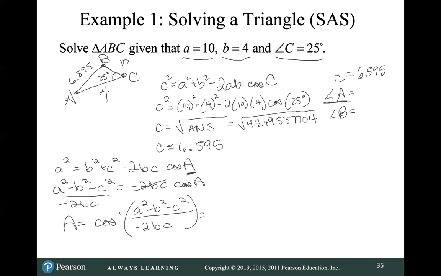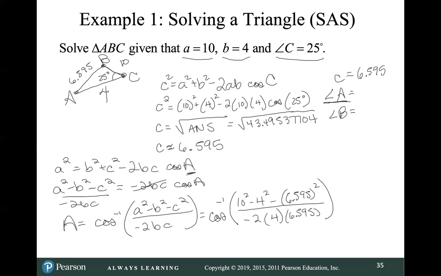Substituting my values, I get cosine inverse of a was 10, minus b was 4, minus c, which is 6.595 squared, divided by negative 2 times b times c.